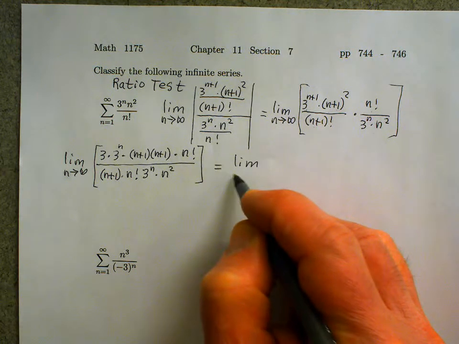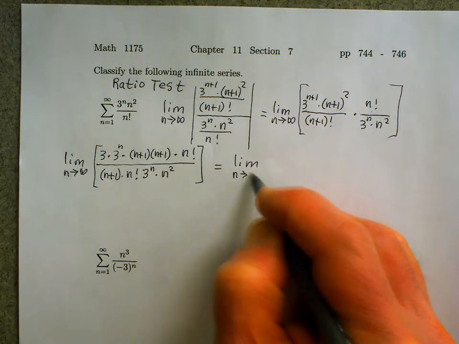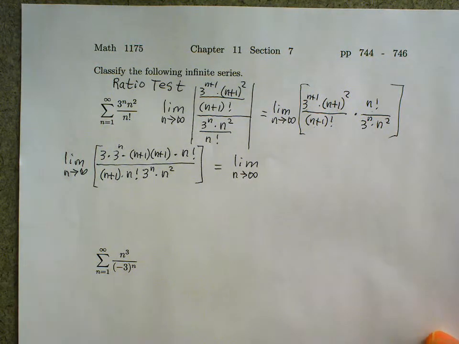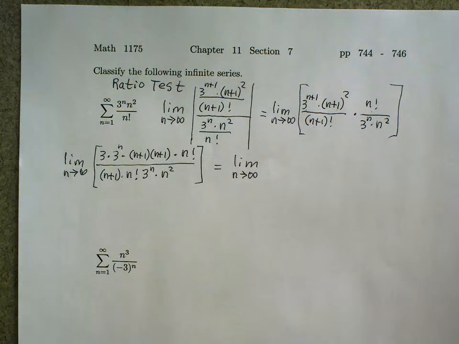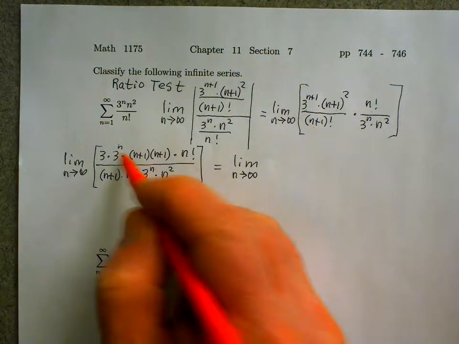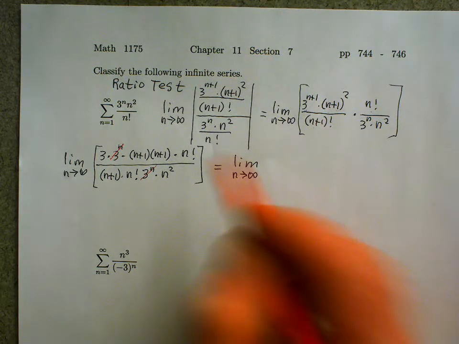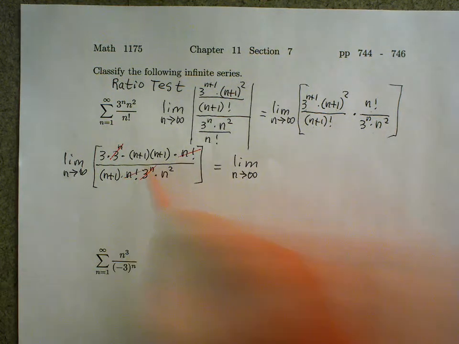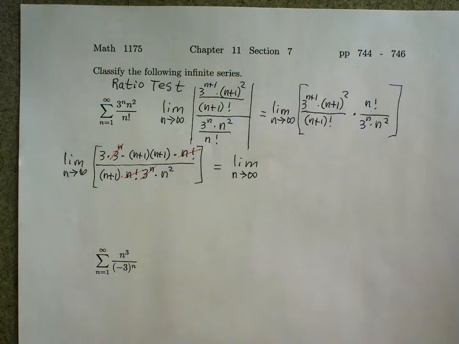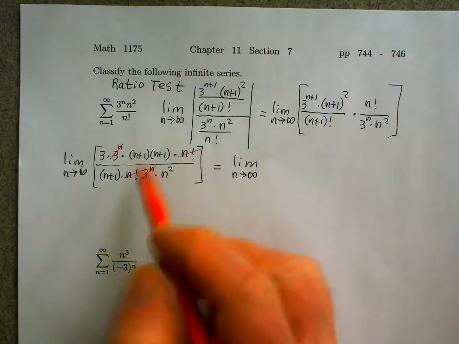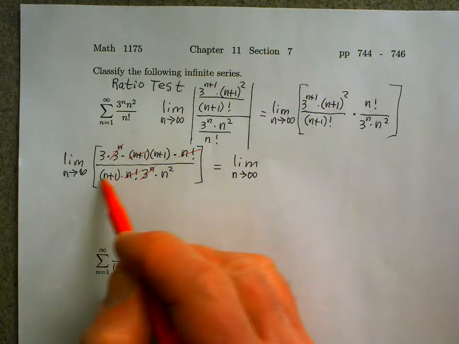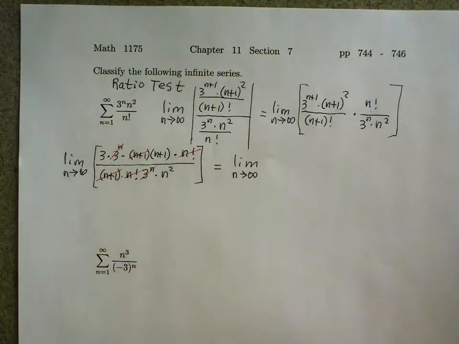And we get some cancellations. 3 to the n divided by 3 to the n, those cancel. N factorial divided by n factorial. One factor of n plus 1 from the numerator and n plus 1 from the denominator.